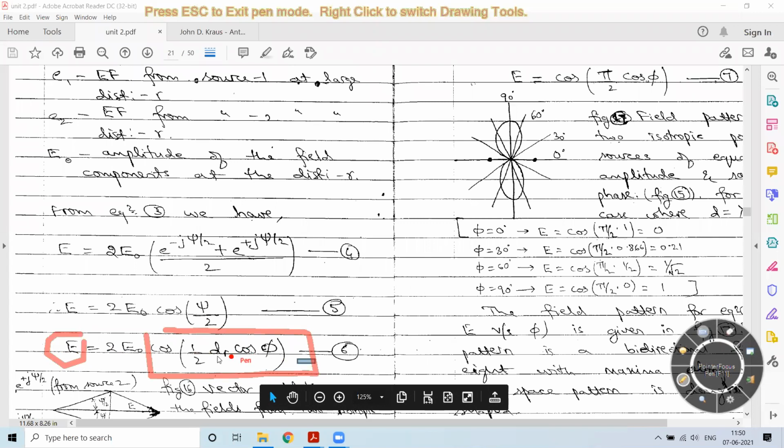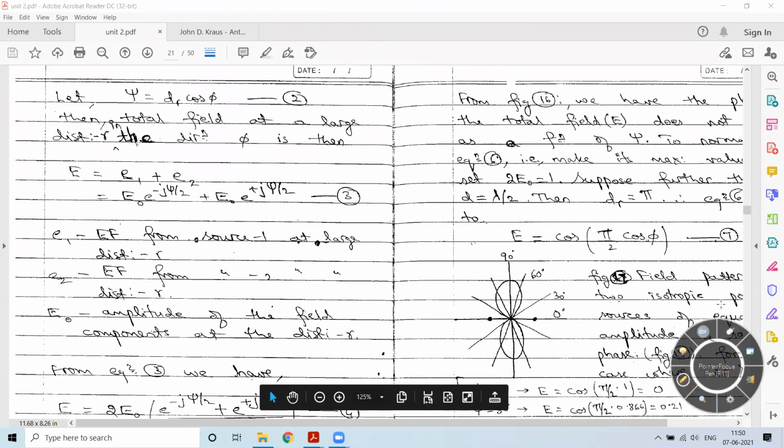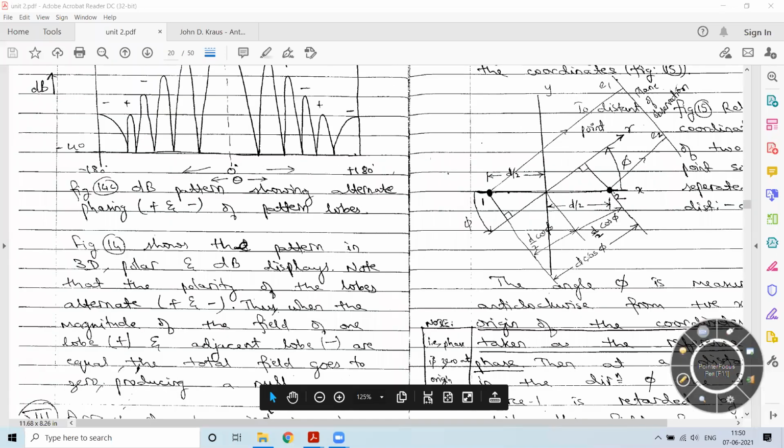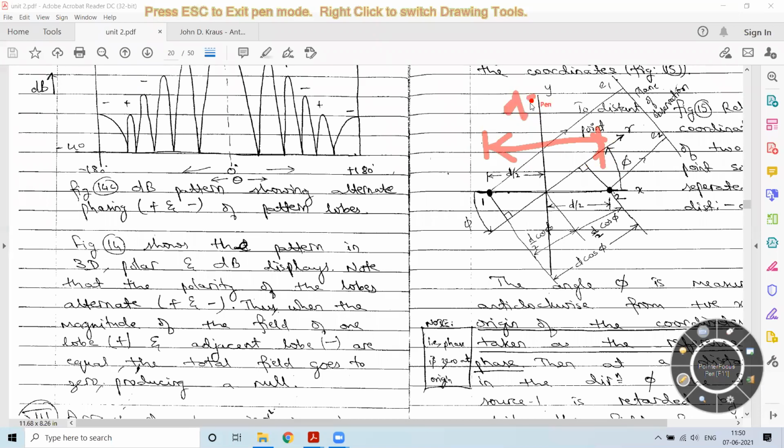That is dr cos phi divided by 2. So this will be the equation. Now if I substitute some values for the distance, what is the variation? If d is equal to lambda, what will be the value? If d is equal to lambda by 2, what will be the pattern? If d is equal to lambda by 4, what will be the pattern?